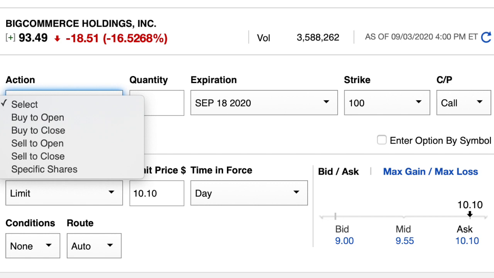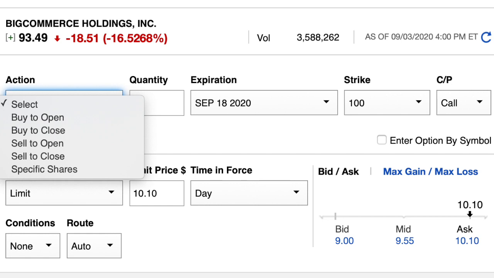And finally, we have specific shares, and this is for people who have over 100 shares in a company, because some shares you buy at different times, which means some of them are going to have different tax implications. Selecting specific shares can protect you from selling the stocks that have a 50% gain and then having to sell the stocks with only the 10% gain rather than the 50% gain.